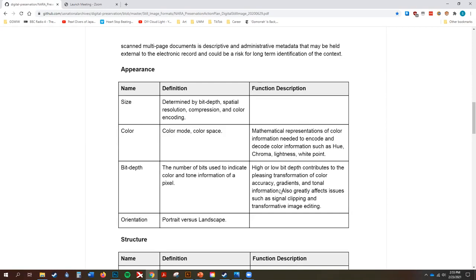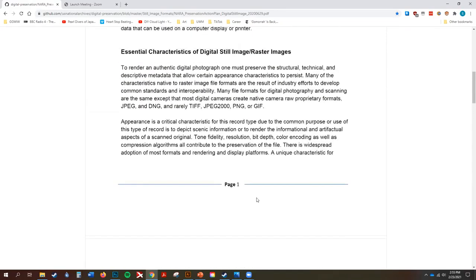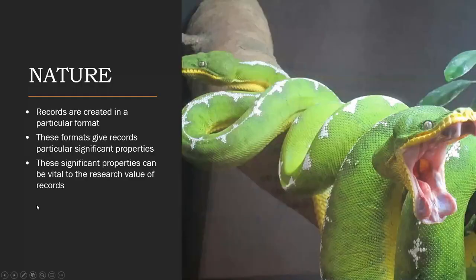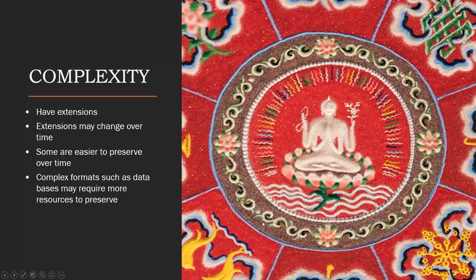So there really is a strong connection between these essential characteristics and the format that records are created in. So that's one thing that archivists need to think about when thinking about the file format.